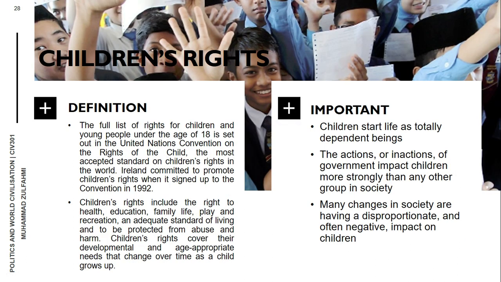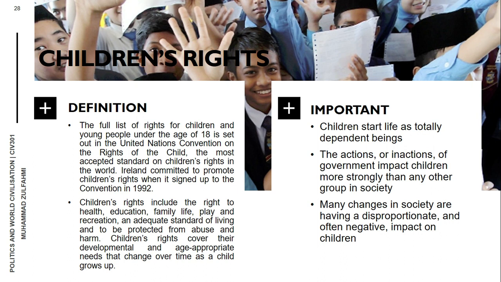Next is children's rights. The full list of rights for children and young people under the age of 18 is set out in the United Nations Convention on the Rights of the Child, the most accepted standard on children's rights in the world.